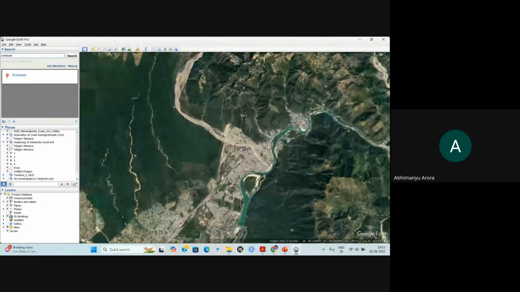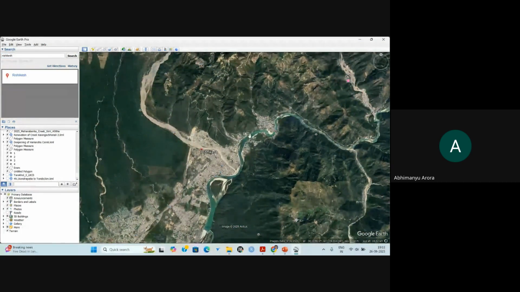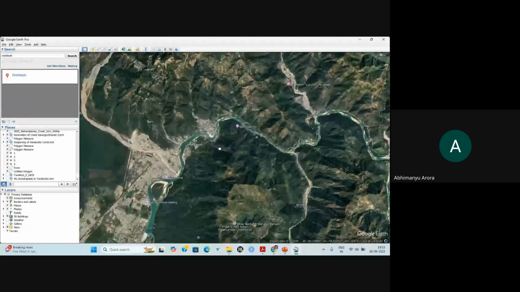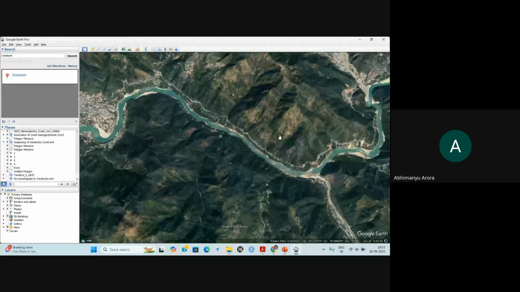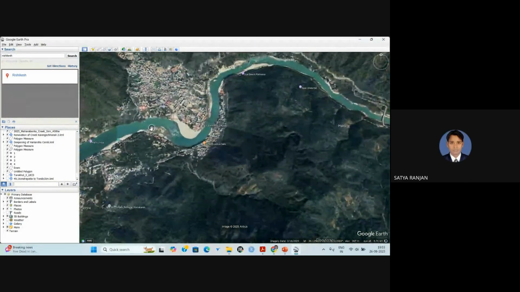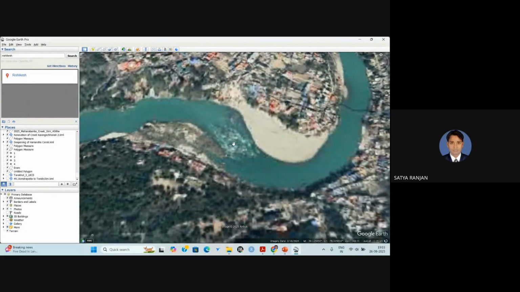The white color of the water due to high turbulence can be captured by an optical image, like what we see. You can see this is also turbulent water.